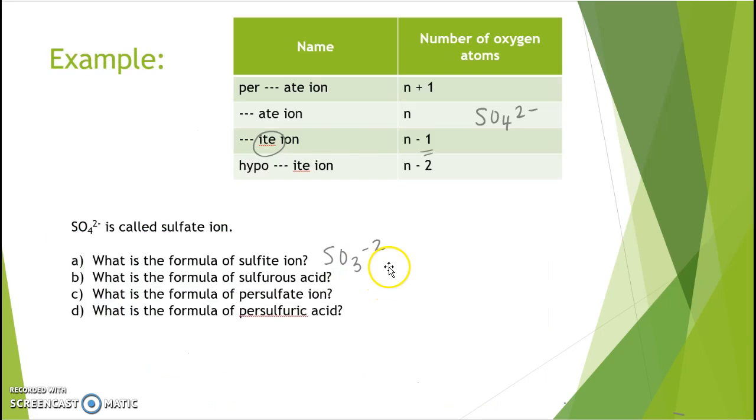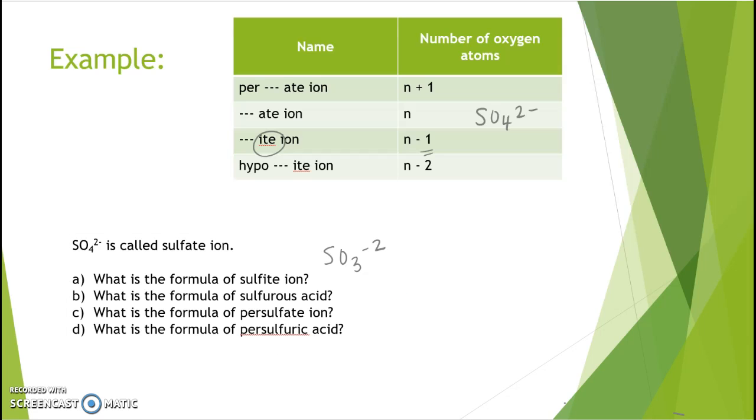And so sulfurous acid is H2SO3. Okay? Persulfate ion, if it existed, would be one more oxygen. Persulfuric acid would be that. So check your work, see if you got that right.